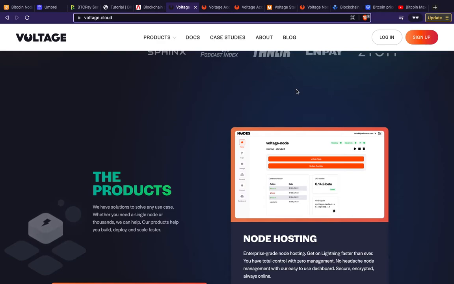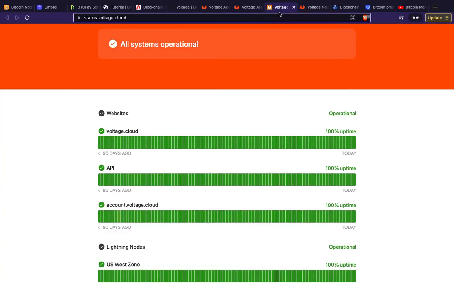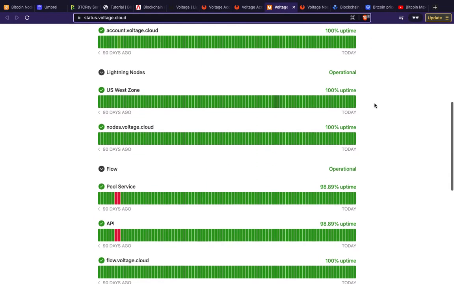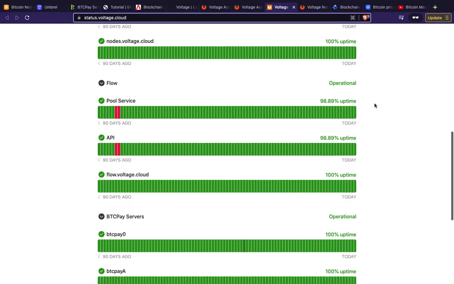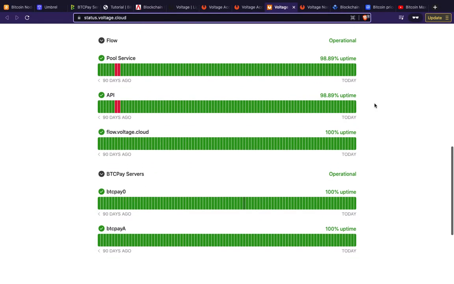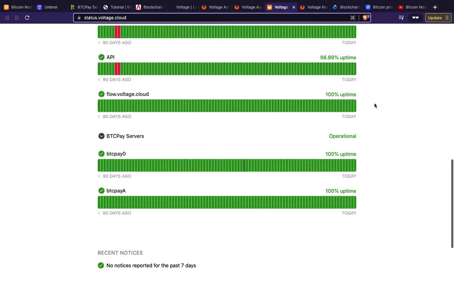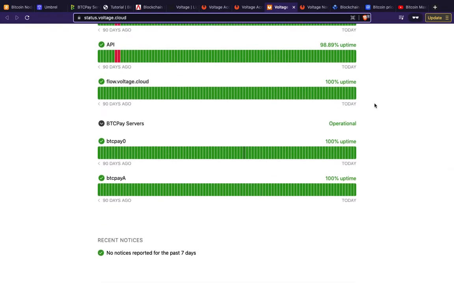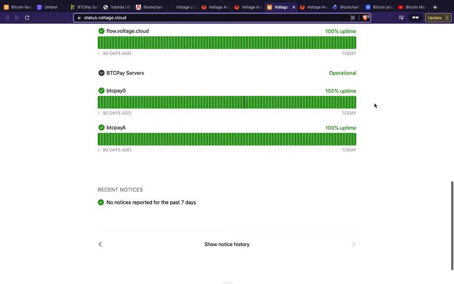They will handle everything for you, but you will have all your node parameters. You can connect to other peers. You can do BTCPay Server. You can do so many things. It's really interesting over here.